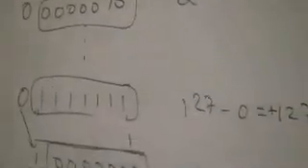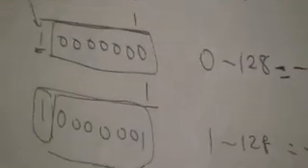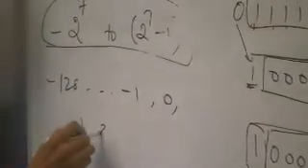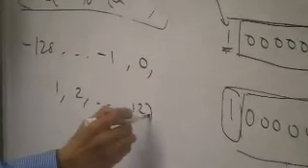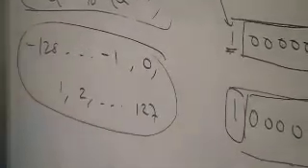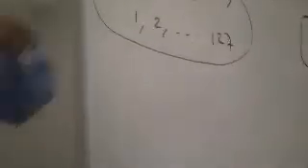So that's the range of integers you have. This is negative 128 to negative 1, then 0, then 1, 2 up to 127. So what we just did is called 2's complement arithmetic. You're aware of all these terms, right?